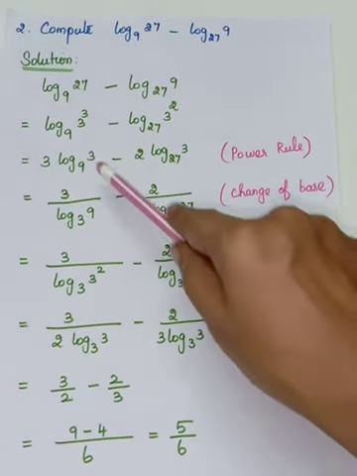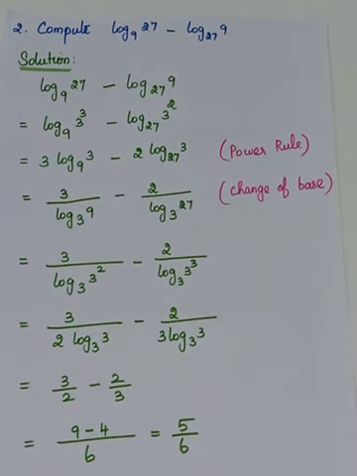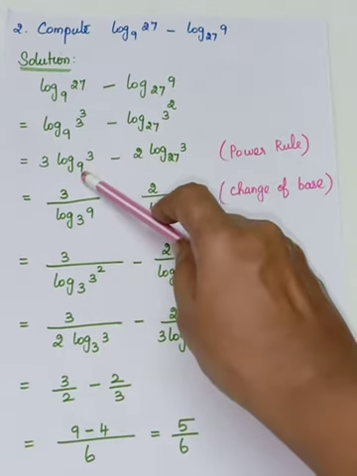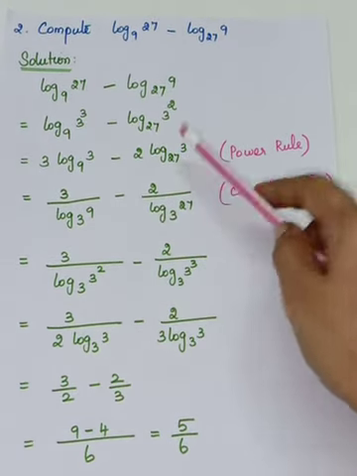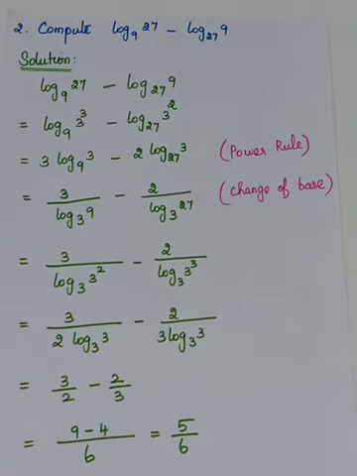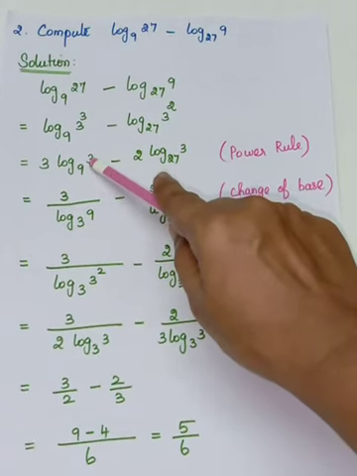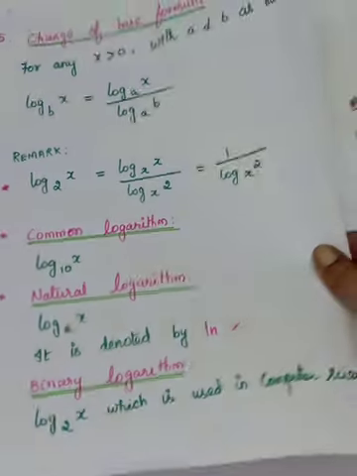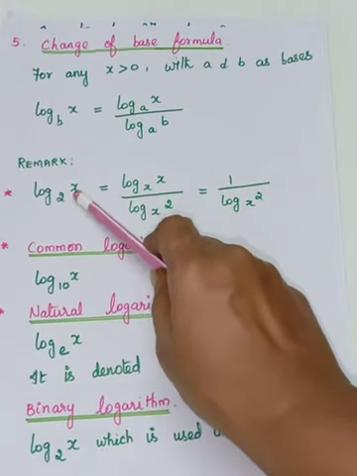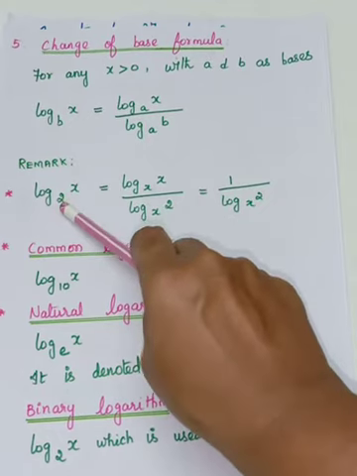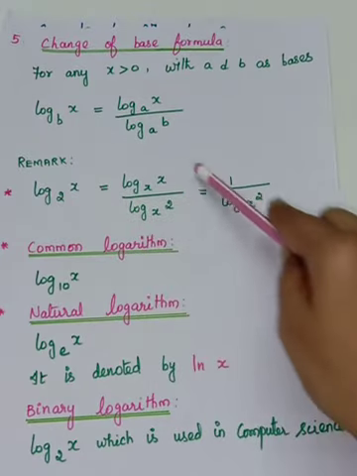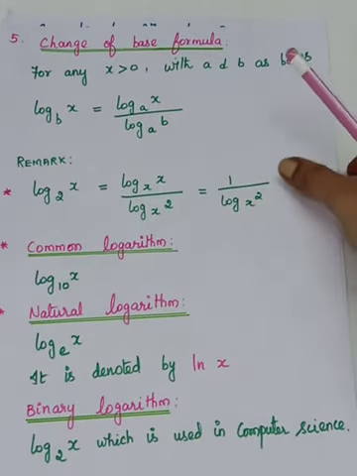Now I want to change the base to 3, because here you have log 3 and here log 3, but the base is 9 here and 27 here. So the base has to change to 3. Remember the remark: if you want to change this number to the base, you write 1 by log 2 to the base x. I have explained this as the change of base rule.